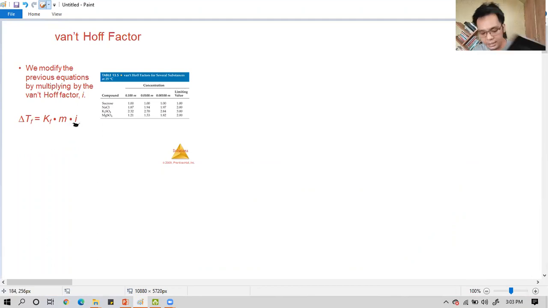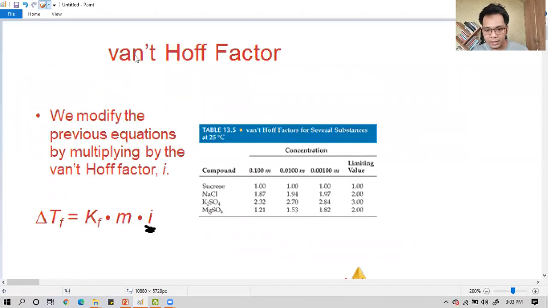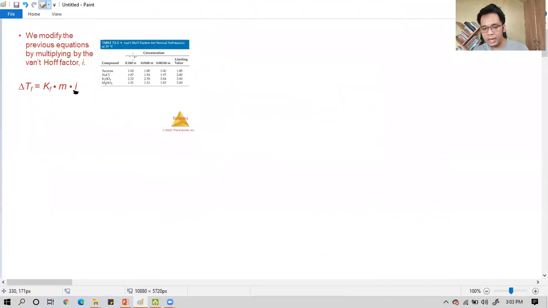And meron silang distinct value for every ionic compound present. Let's say we have sucrose. The Van 't Hoff factor of sucrose is equal to 1. Sir, bakit 1?